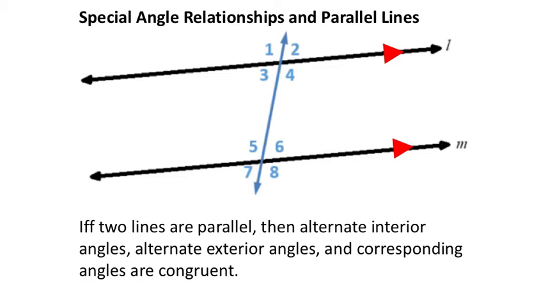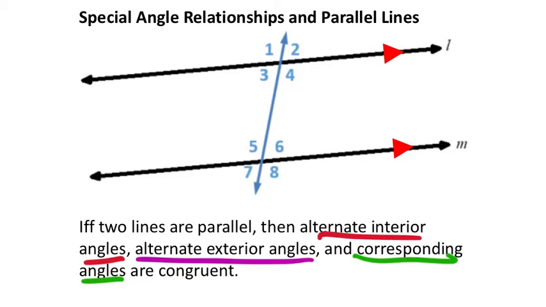So we've seen this diagram before. We've got the special angle relationships of alternate interior angles, alternate exterior angles, and also corresponding angles. If and only if the two lines are parallel, then these three special angle relationships are congruent.